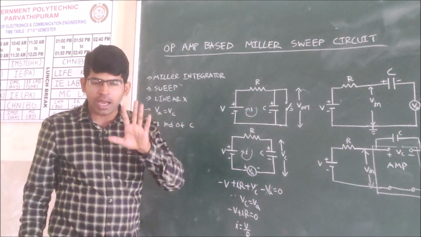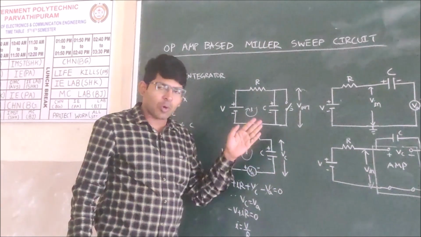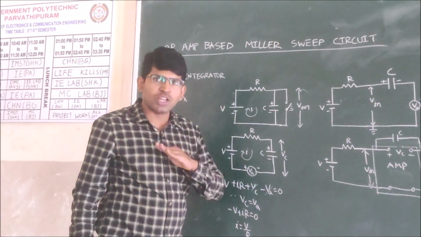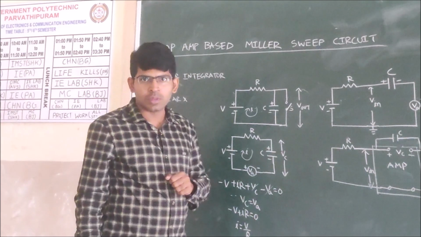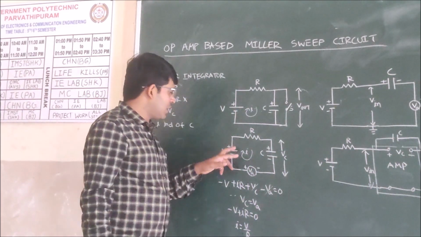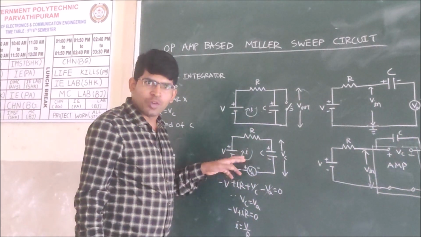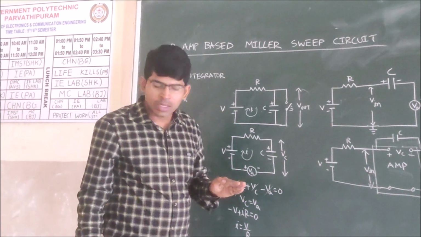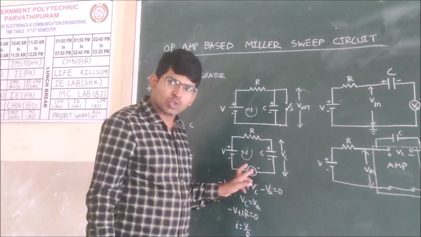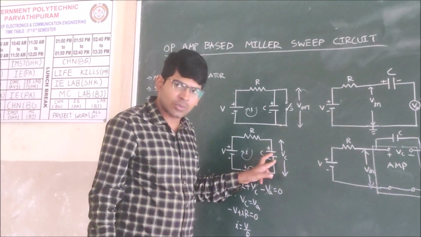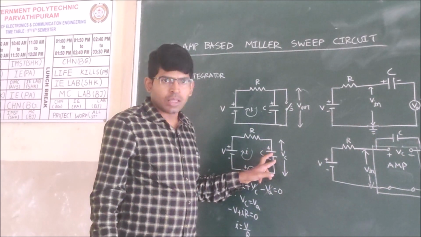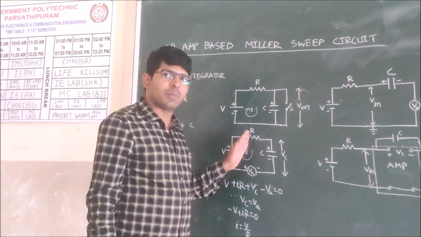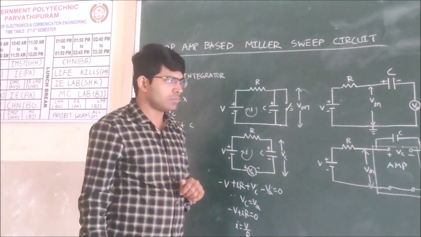Because we are getting a constant current, there is a possibility of generating a linear sweep. So in order to generate the linear sweep, we are making sure that the auxiliary voltage source voltage is equal to the capacitor voltage. Then the constant current will be observed in this circuit.